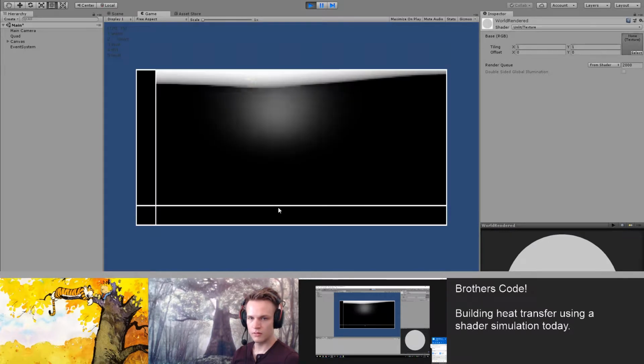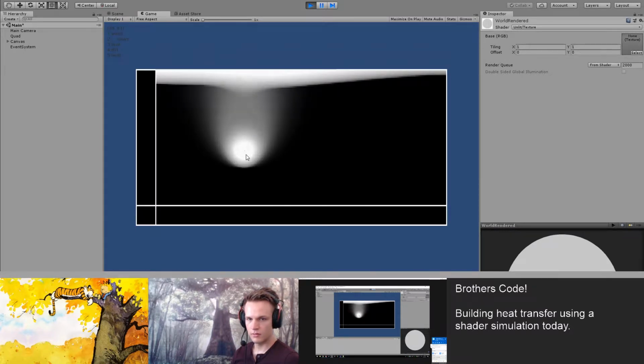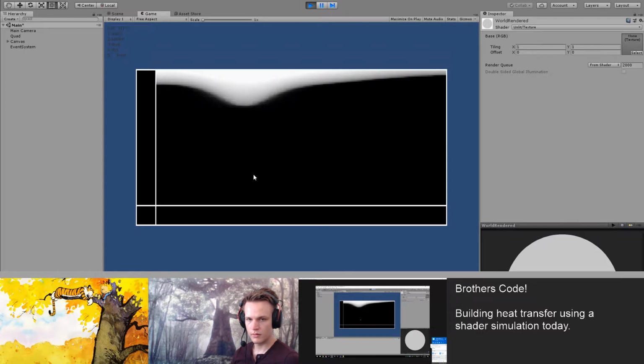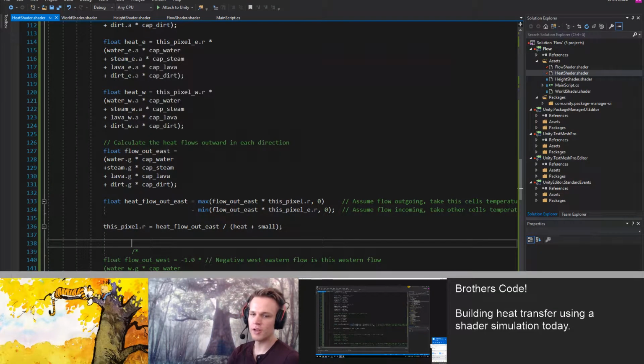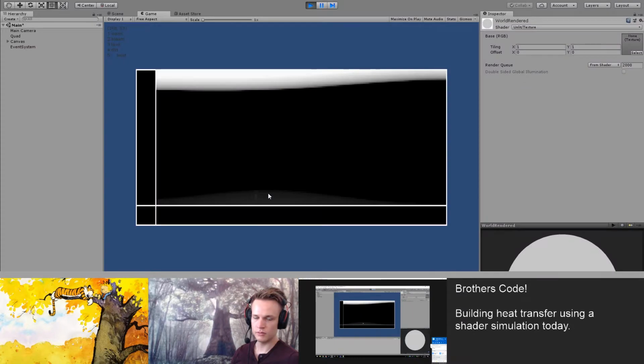Here it's flowing, I guess. Water, heat? No, this is right, because the heat's not actually moving, but it is showing you that it's going to try to flow east. Yes, these are indicators.